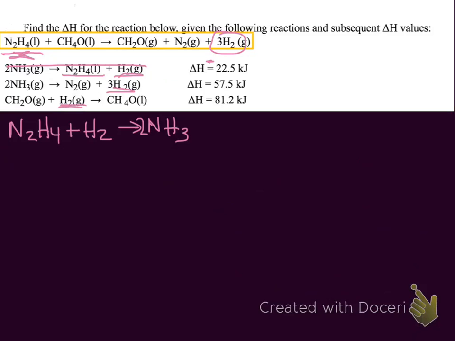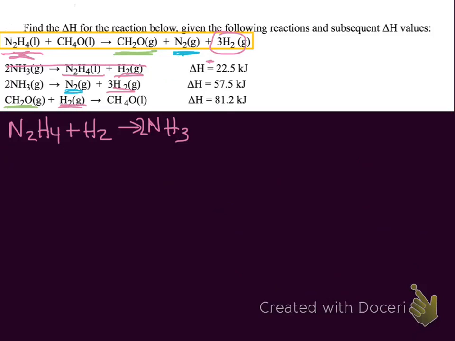All right, so if I look at the next reaction, I notice I've got N2 right here, and this is the only place where I have N2. It's on the product side. I also have it up here on the product side. I'm going to leave that reaction exactly how it is. If I come down to the next reaction, I notice that my C2H0 is on the reactant side, but up in my final reaction, it's on the product side.